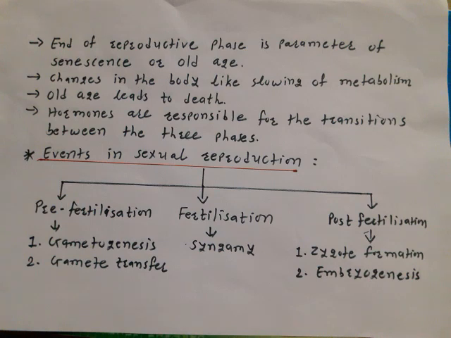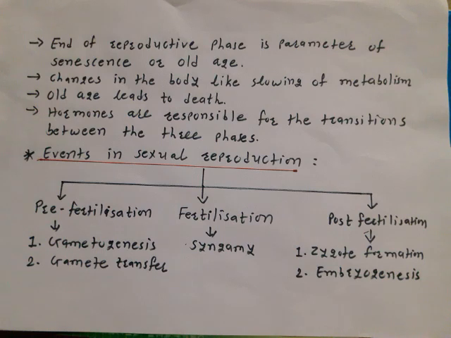In all three kinds of events, various processes and mechanisms are observed. First, the pre-fertilization event, as the name suggests, takes place before the fertilization process. Here, mainly two events occur: first gametogenesis and second gamete transfer.